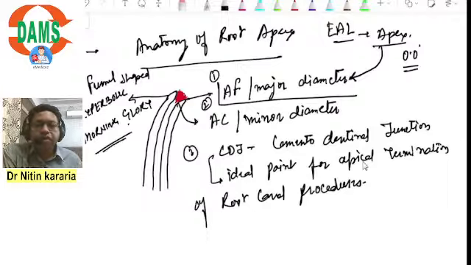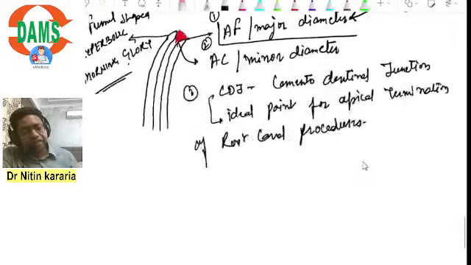Shape of morning glory, hyperbolic, or funnel shape. These are the three terms which are used to define the shape of the space which exists between apical constriction and apical foramen.